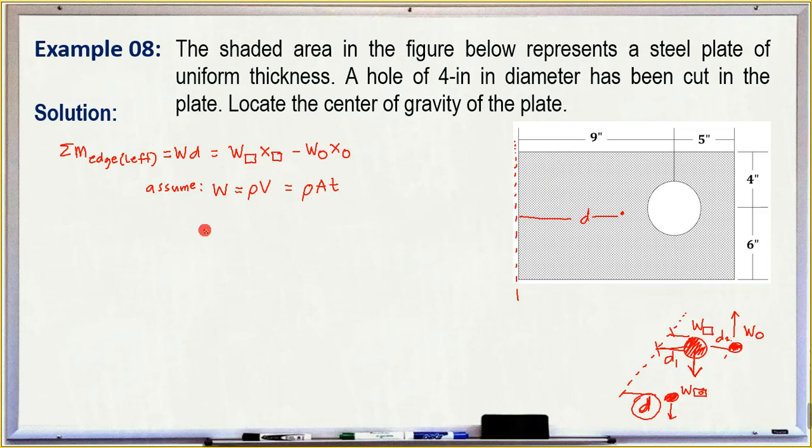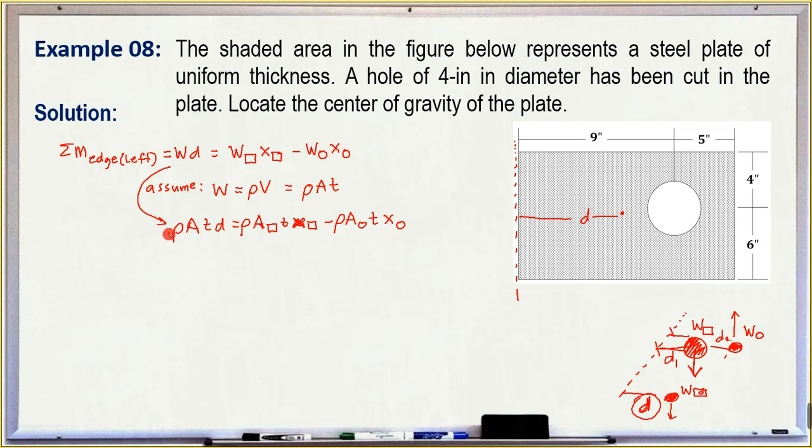So diri ato na siya i-substitute. So we have density, area, thickness times distance equals density, area aning rectangle tapos thickness tapos centroid X aning rectangle, minus density, area sa circle tapos thickness tapos centroid sa circle.